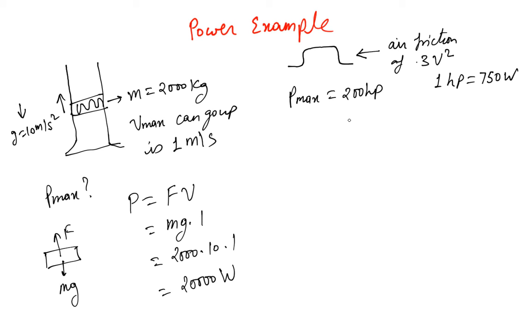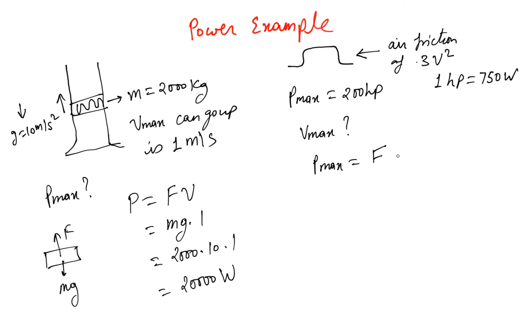Okay, so the question is, what is the maximum velocity this car can achieve? How to solve this? We know that P max is going to be F multiplied by V max. Let's not put F max, just put F, the force.